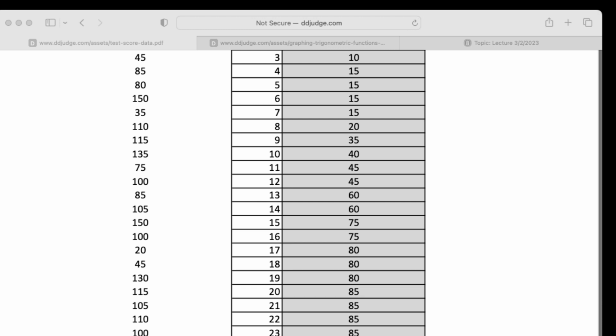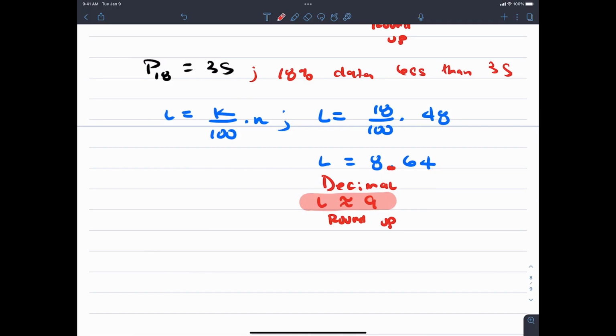Did you guys see it there? So this is equal to what? 35. Now, what does this mean again? 18% of the data is less than what? 35, okay? So what you guys have found is percentiles, and that's important.